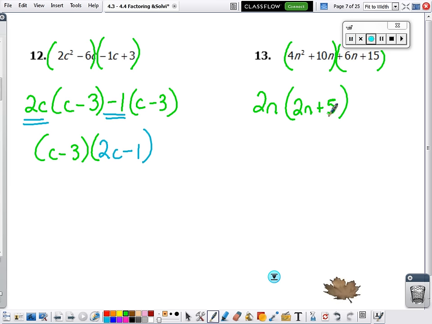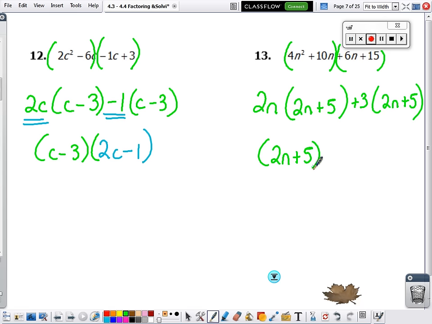The second set, 6n plus 15. 6 and 15, I can pull out a 3. And then I'm left with 2n plus 5. What's in my parentheses is the same, so I'm going to factor that greatest common factor out. That's a 2n plus 5, and I'm left with 2n plus 3.